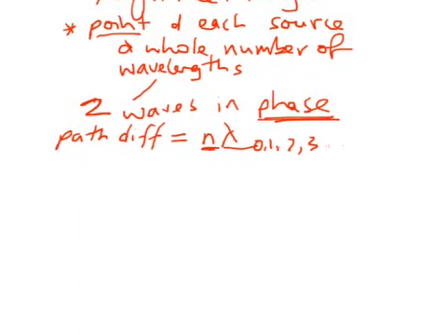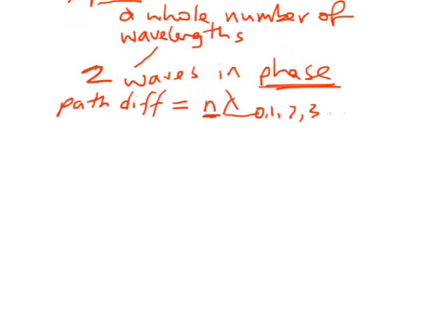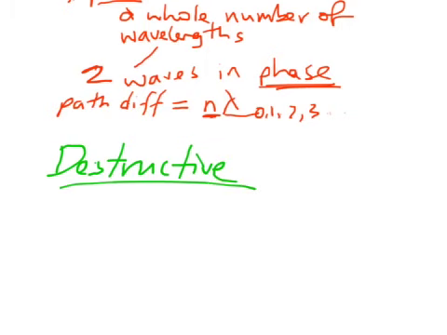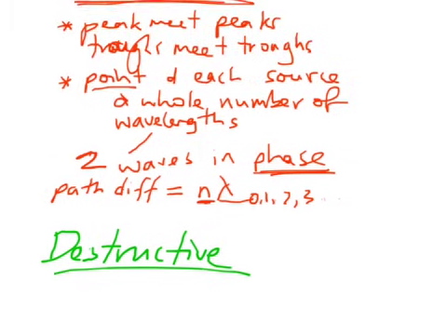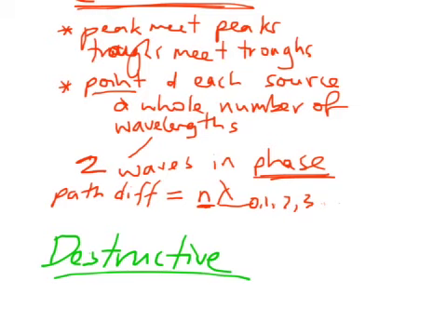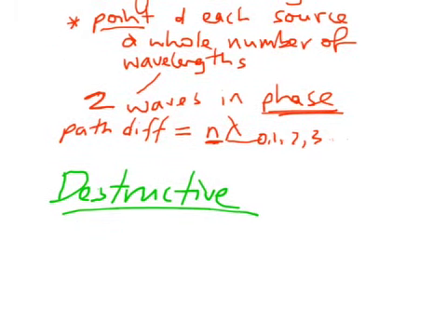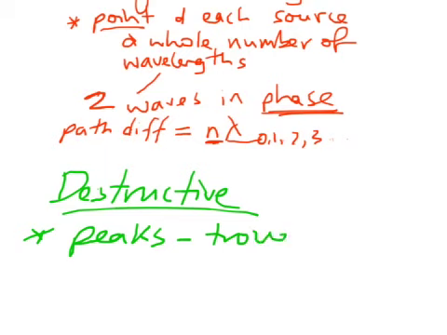Moving down, destructive interference, green because that's what we used. So for destructive interference, let's try and match it up with what we've got. Peaks meeting peaks and troughs meeting troughs for constructive. So for destructive, it's going to be peaks meeting troughs and adding to cancel out.